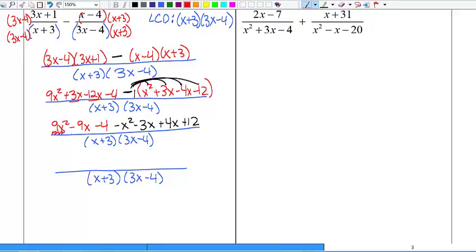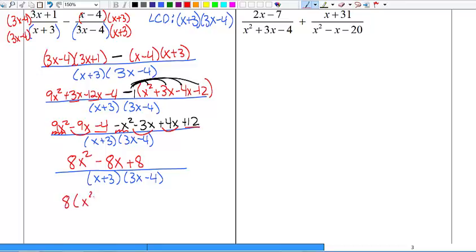So I have 9x squared minus 1 more x squared, that's 8x squared. On my x's, I have negative 9 minus 3, that's negative 12. Negative 12 plus 4, that's negative 8x. And then I have negative 4 plus 12, and that's 8. That does look like I have a GCF.